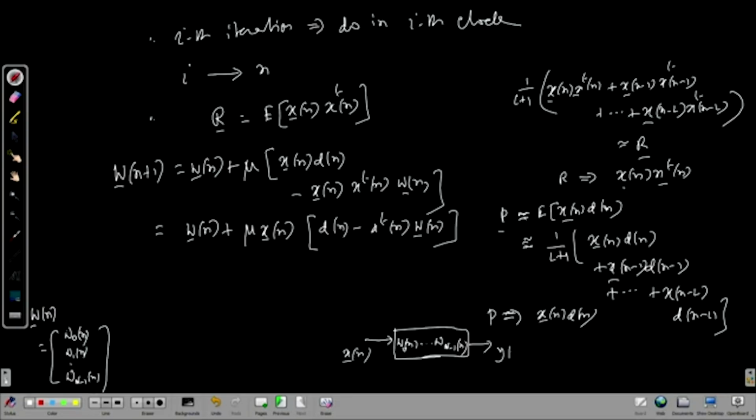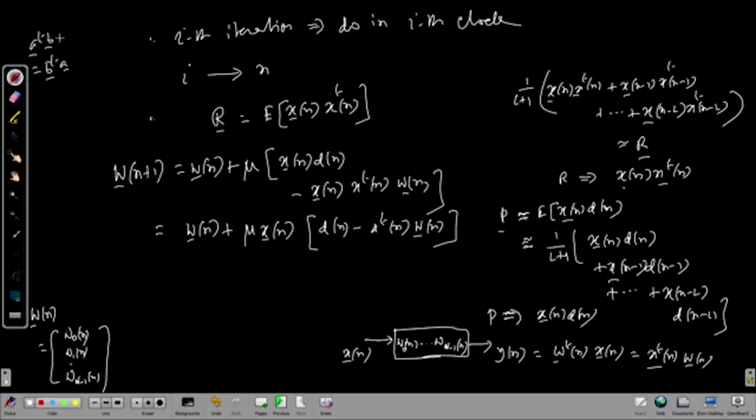So, output y n, you know, will be W transpose n x n, but that is also the same as x transpose n W n. You know that if I give you two column vectors A and B, A transpose B is the same as B transpose A, isn't it?